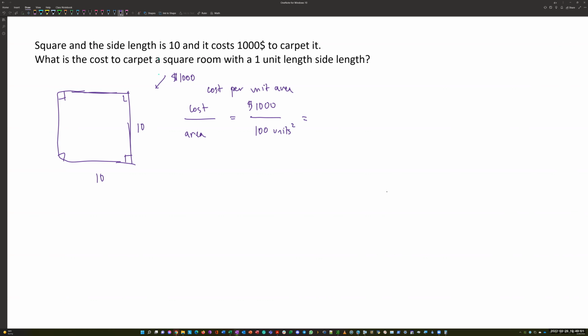That would mean it's really $10 per unit squared. In other words, each of these little squares here is going to cost me $10 for the carpet. Does that make sense? Yeah.